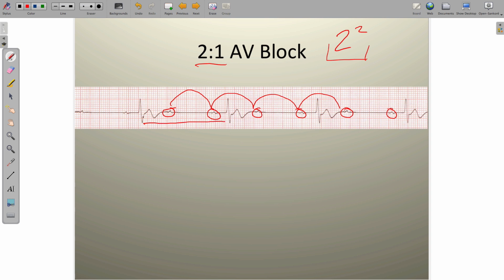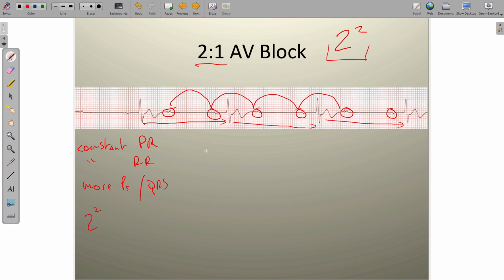And if you were to look at the R to R interval, you would also note that it is exactly the same, it is constant. So therefore, a constant PR interval and a constant R to R interval and more P's than QRS's should define second degree type 2 heart block.